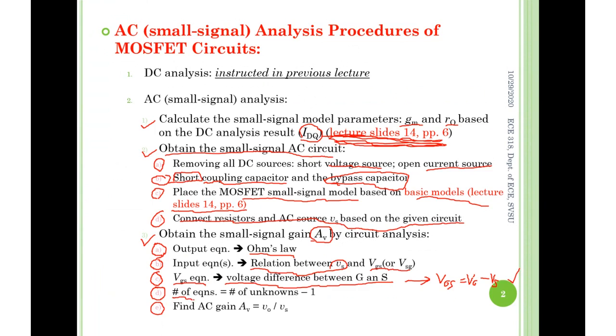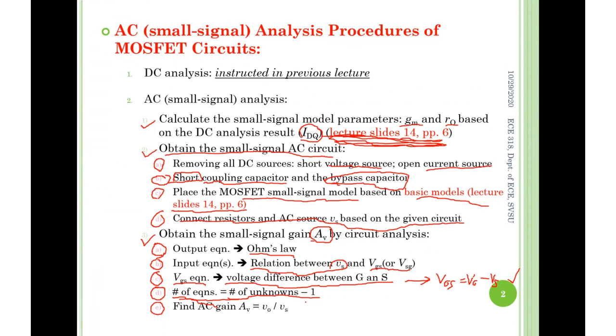Also remember to check the number of equations and the number of unknowns. It should satisfy this relationship: the number of equations is one less than that of unknowns. Therefore, you are not able to find the V naught individually, and can't find the input individually either.